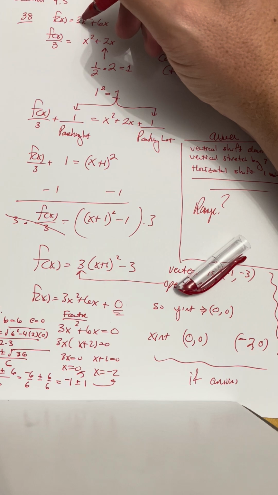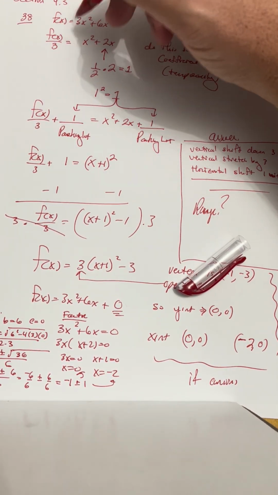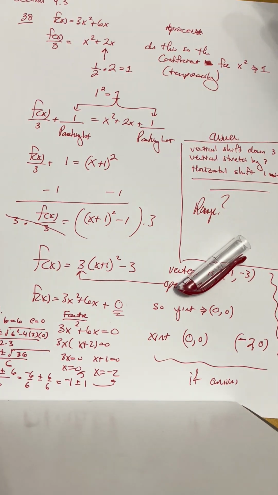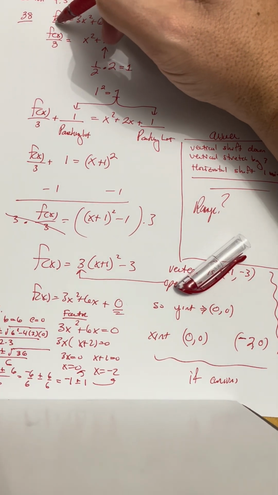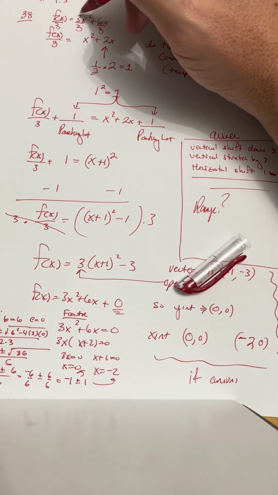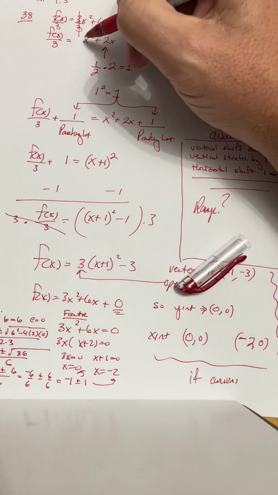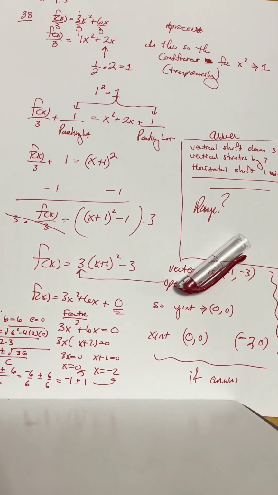I have this 3, so I'm going to divide every term by 3. A 3 here, a 3 here, a 3 here. These cancel, leaving me with a coefficient of 1, and this will reduce down to 2.